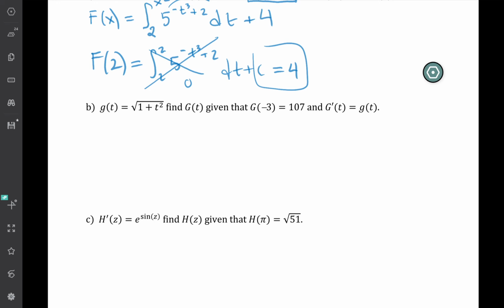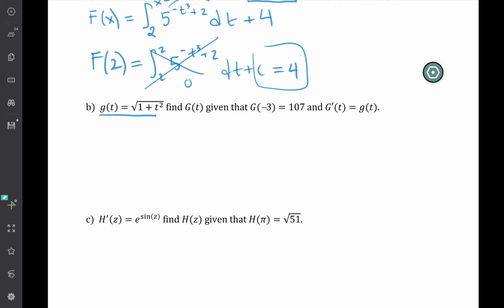So here we have function little g of t. We want to find a formula for big G of t, knowing that big G of negative 3 is 107, and G prime is equal to little g. So this is another one where we're just looking at that square root of 1 plus t squared. That doesn't immediately look like something I know what to do with.